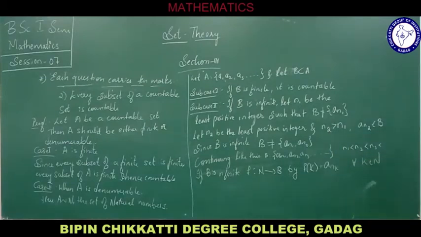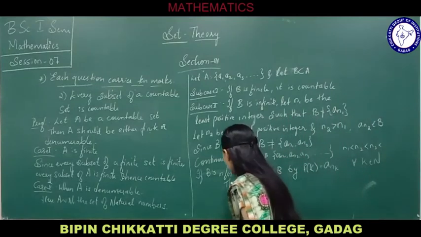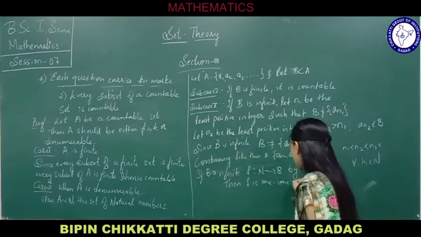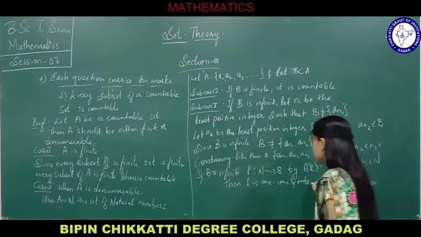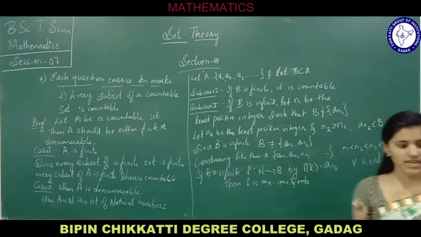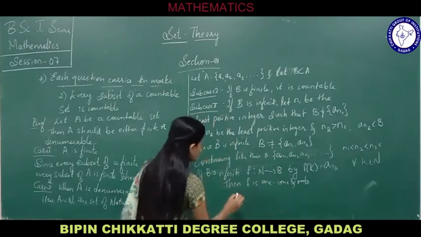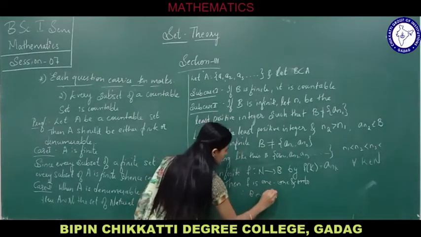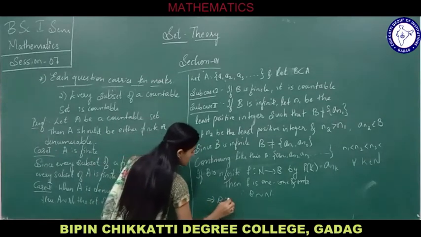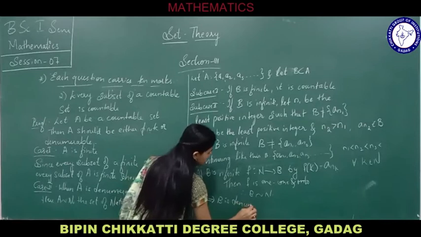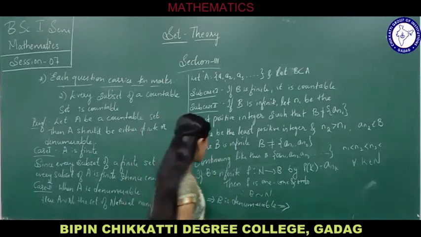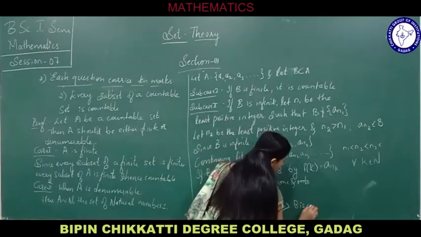Then f is one-one and onto. If f is one-one and onto, then B is equivalent to N, which implies B is denumerable. If B is denumerable, it implies that B is countable.